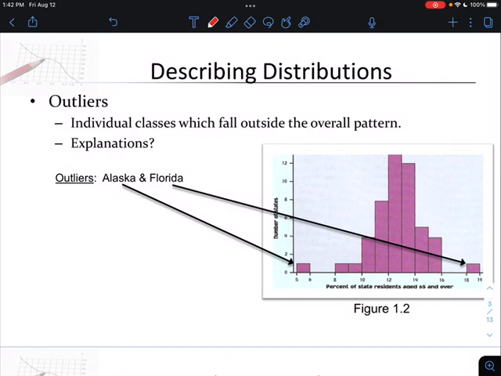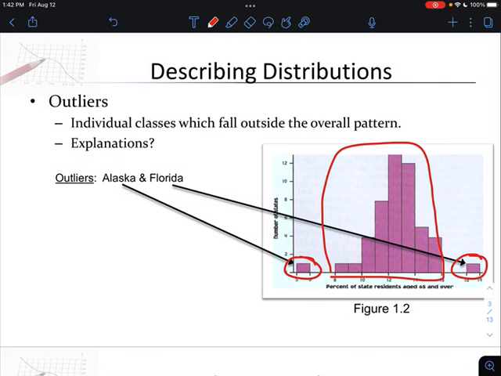So for instance, if we look at this histogram here, this histogram looks at the percent of state residents age 65 and over. So they went to the 50 states, they looked at what percent of state residents were 65 and over, and so they got this histogram from the results. Well, what they noticed was there was one state in the 5 to 6% range, there was one state in the 18 to 19% range, but then the majority of our data was housed right here between 8 to 16%.